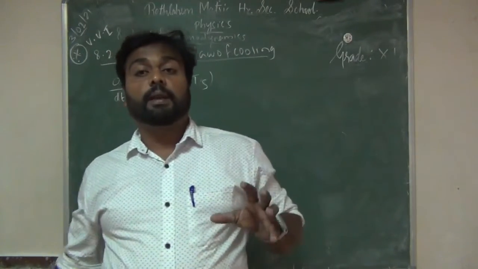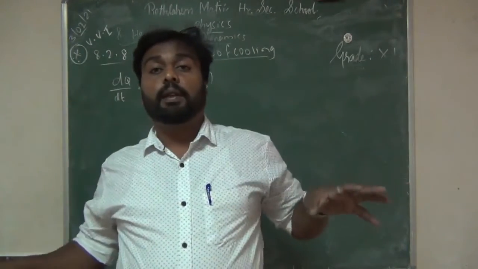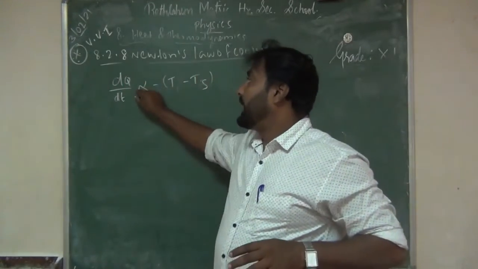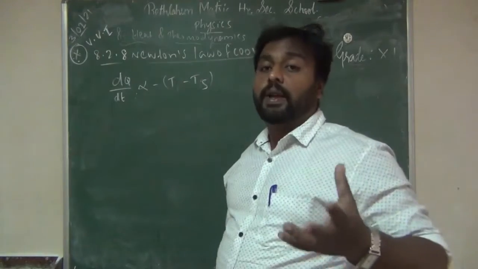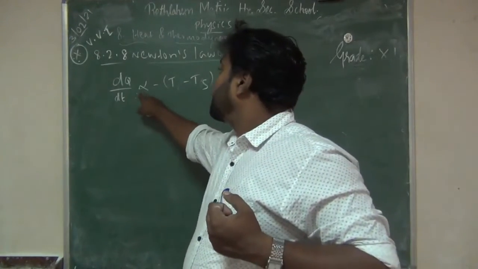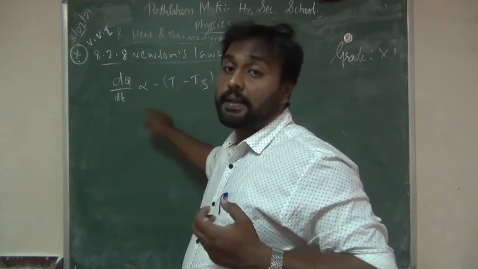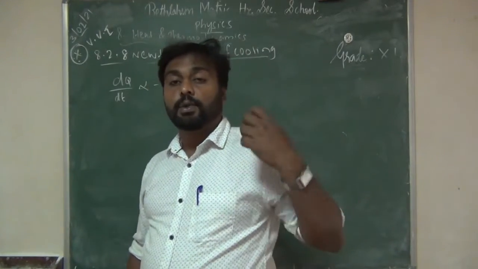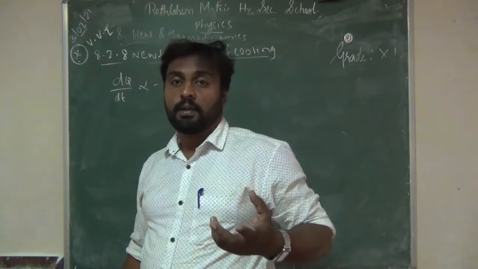Ts means the temperature of the surroundings, not Tf, and T means the temperature of the body, and dQ by dt is the heat loss per unit time. It is directly proportional, with a minus sign, and the minus sign indicates the loss of heat.